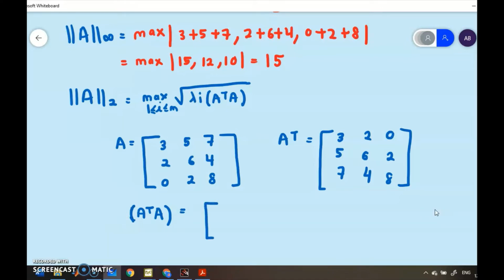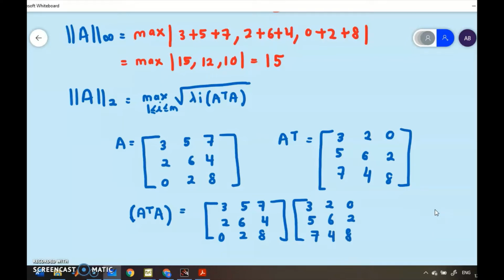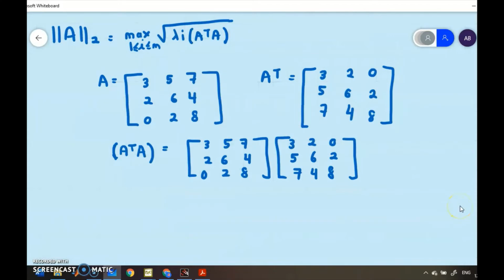So we multiply 3, 5, 7, 2, 6, 4, 0, 2, 8 with 3, 2, 0, 5, 6, 2, 7, 4, 8. I'm hoping you have a calculator so that it can help you calculate quickly.